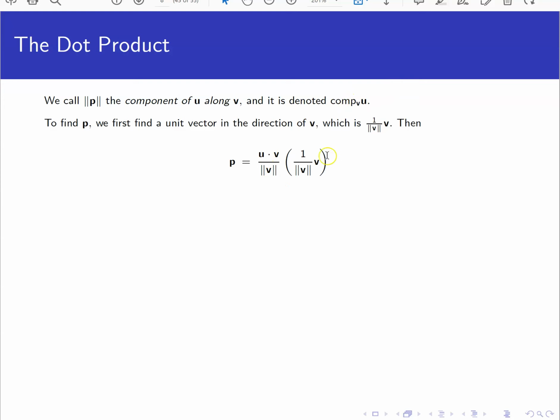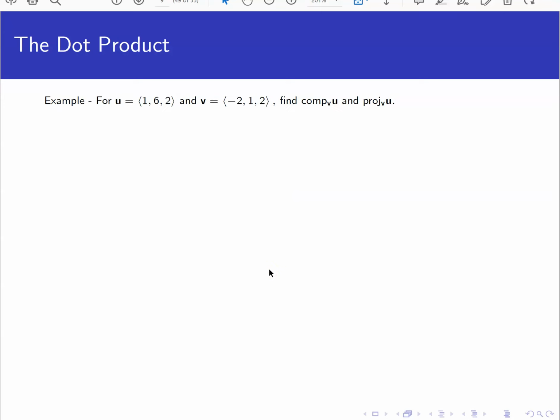Then multiply by a unit vector in that direction, because that doesn't change the length anymore. Now we get u dot v over magnitude of v squared times v. Another way to write magnitude of v squared is just v dot v. This formula we denote by proj sub v of u. That's the projection of u along v, or onto v. This will be the formula that we use to calculate this projection.